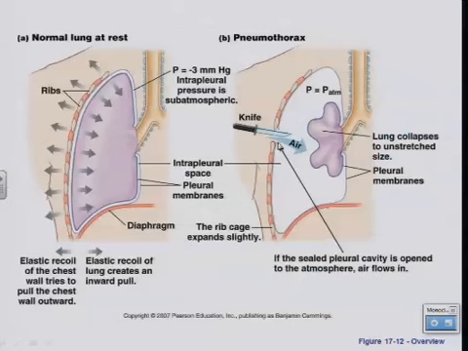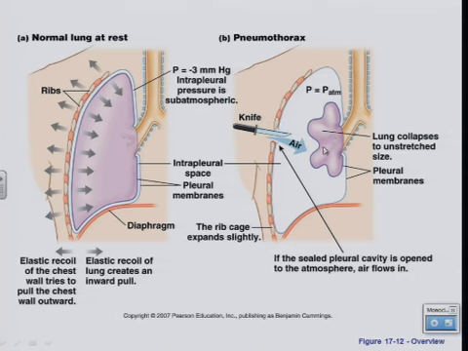As well, when we were talking about pleural pressure, the importance of this negative pleural pressure is to hold the lung tight to the thorax and the diaphragm so that we can expand the lung. What happens if we lose that negative pleural pressure? Remember, a pneumothorax can be caused from either outside the lung, or outside the chest cavity, or can come from inside the lung.